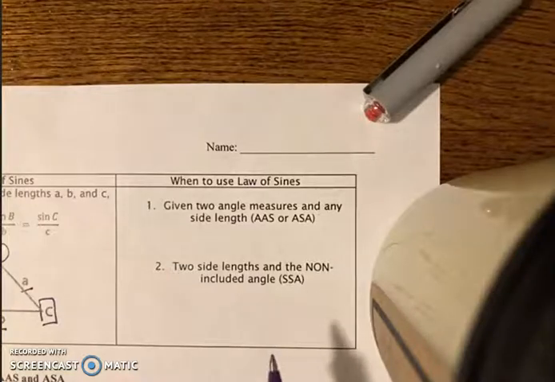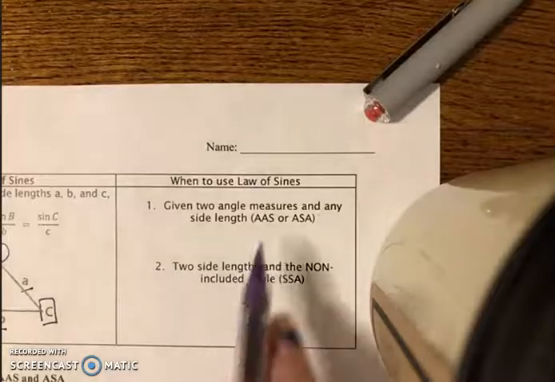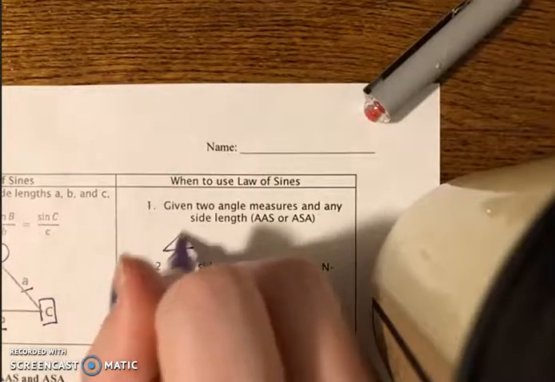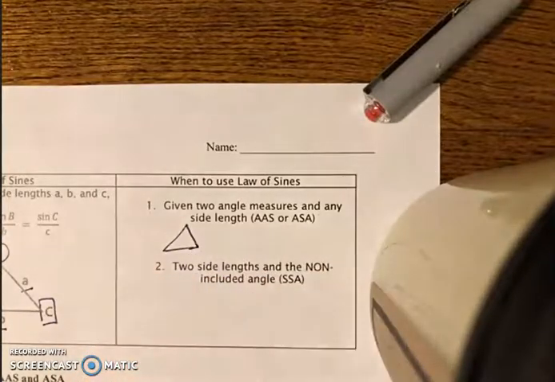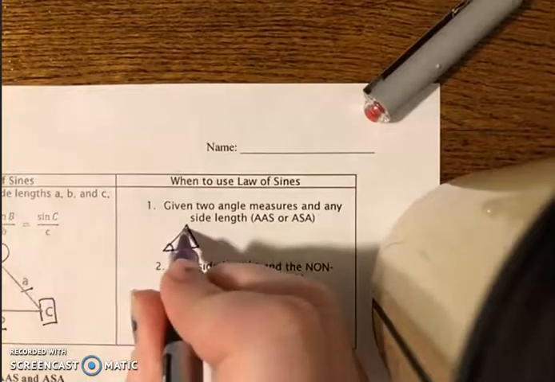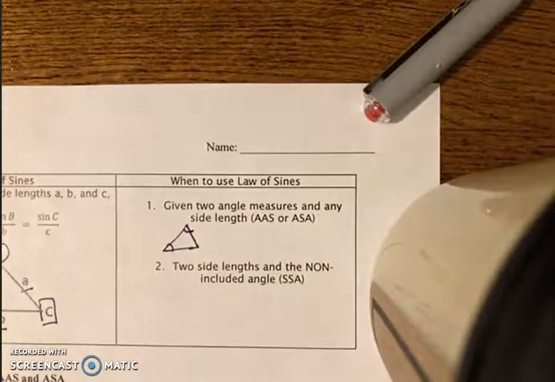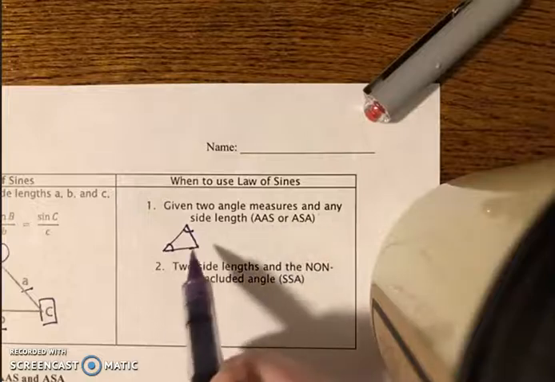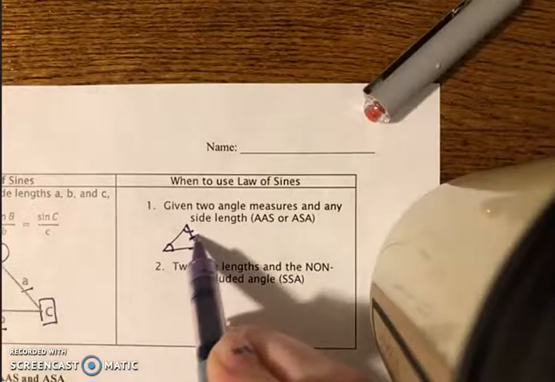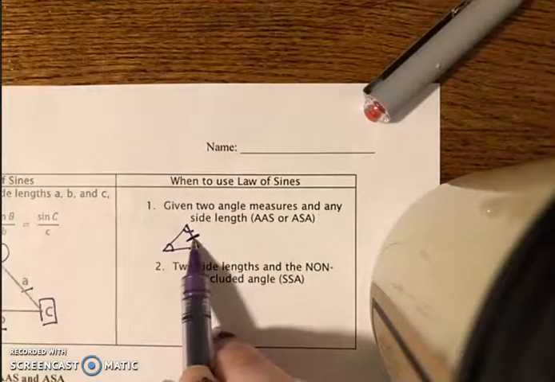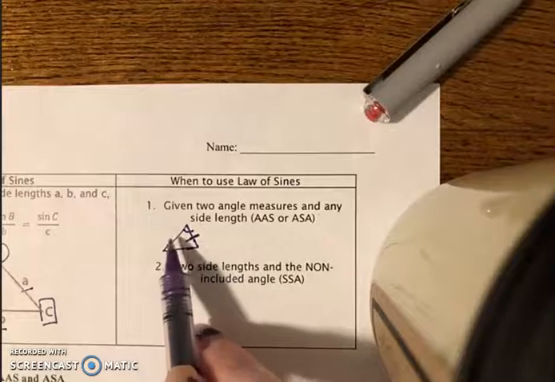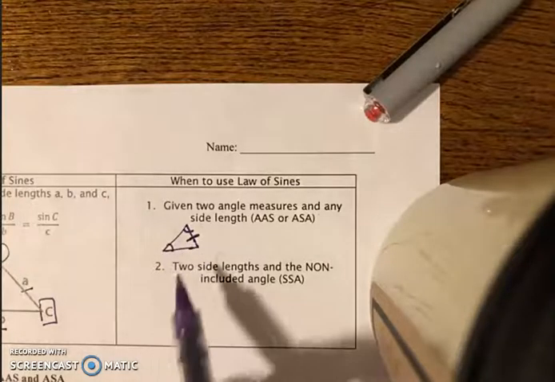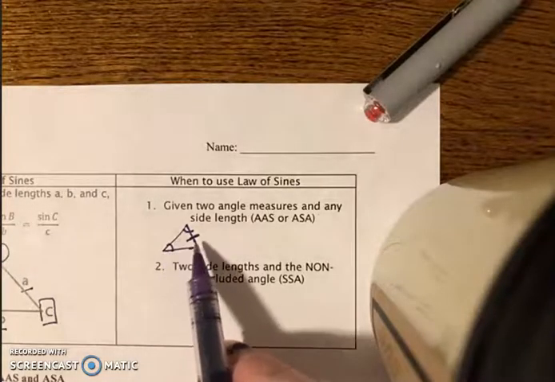You learned these in geometry, but just in case you need a quick review, angle-angle-side, let's say this is my triangle right here, would be two angles, so let's just say it's these two, and a non-included side. So let's say I'm given this one right here. Non-included just means it's not in between the two angles. So you can see how it's angle, angle, and a side.